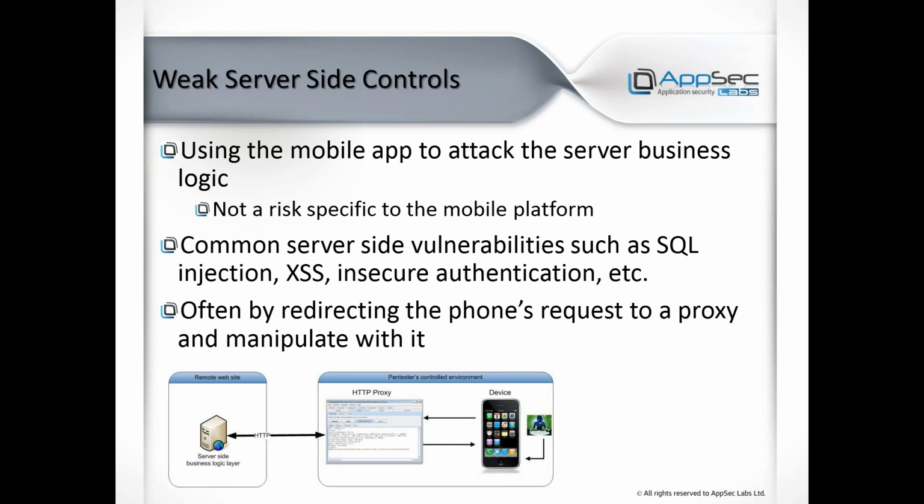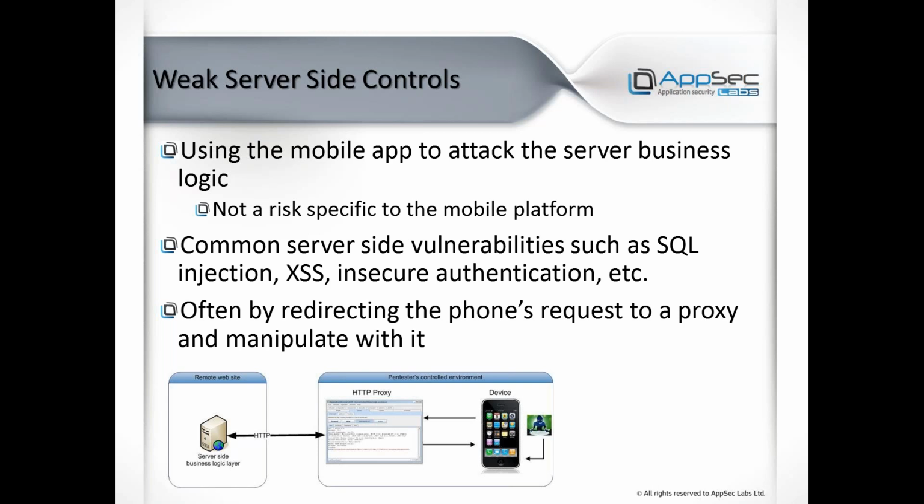So, for example, we're intercepting a request coming from the device with the proxy, and then we're doing some parameter manipulation, and we're embedding some SQL commands so that eventually the business logic of the server side might embed it inside a raw SQL query that might influence the database. This is really important because although it is considered a classic web app attack or a classic server-side attack, it is really important to cover this kind of vulnerabilities in mobile apps.